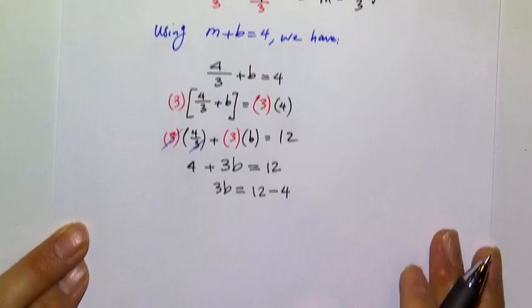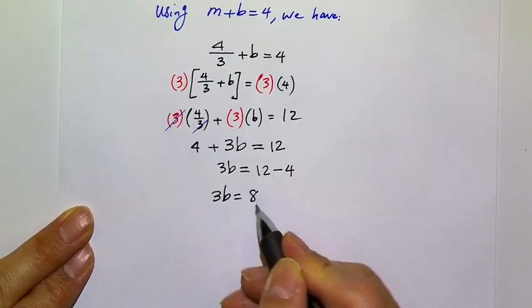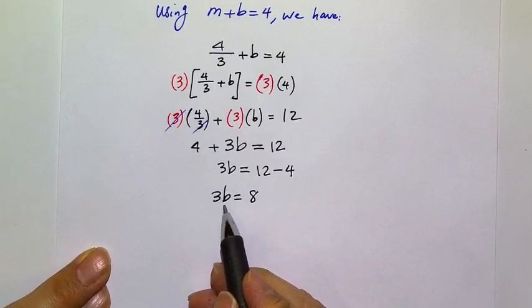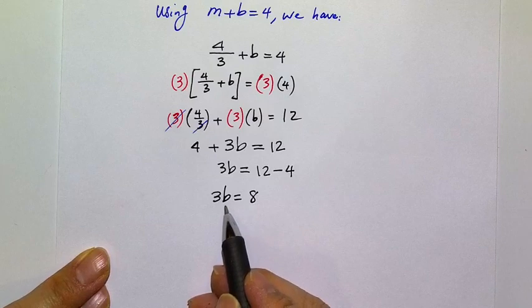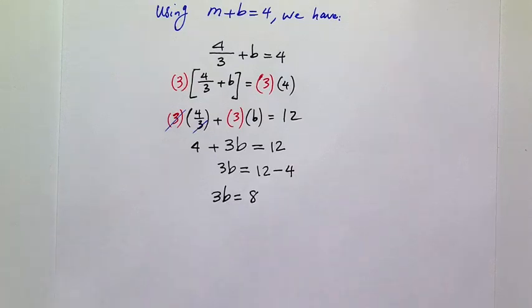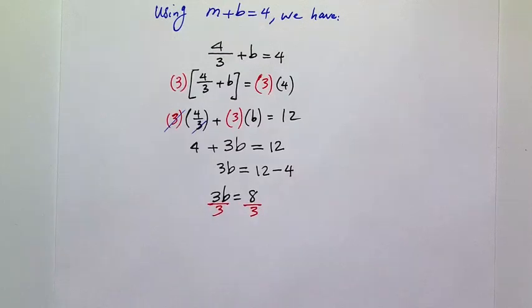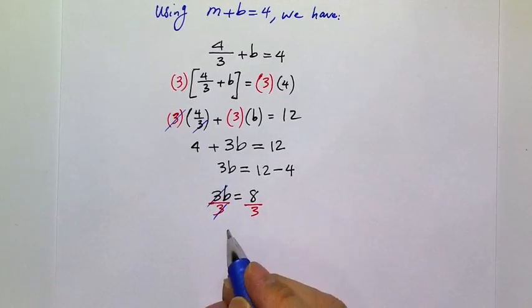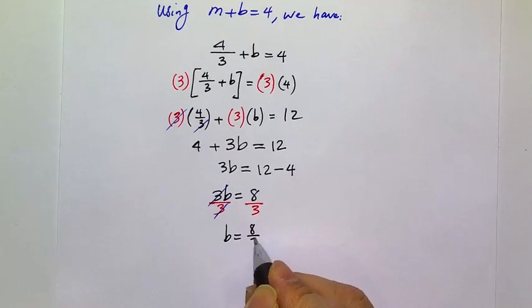And then we end up with 3b equals 8. So we're solving for b, so we need to isolate b, right? How can we isolate b? We need to divide both sides by 3. On the left, the 3's cancel out. B equals 8 over 3.